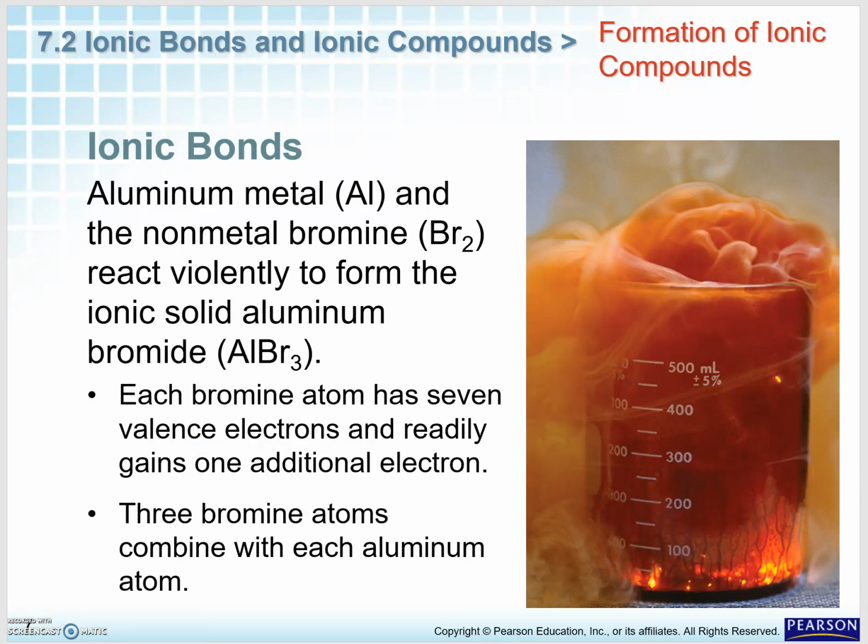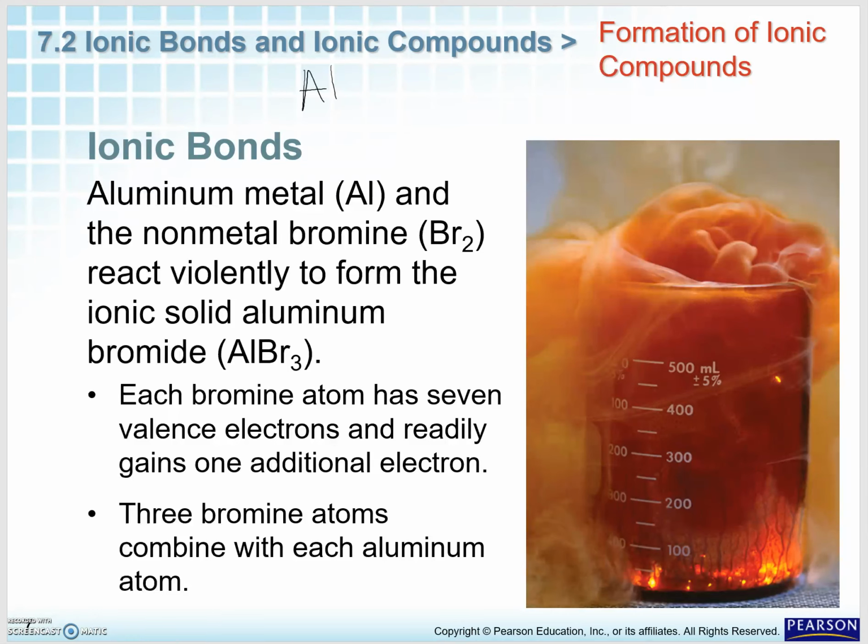So some cool ones that you can look at are aluminum bromide, and that's shown in the picture on the right. If you wanted to figure out how many of the valence electrons are going to be reacting with each other, you can draw that electron dot structure.